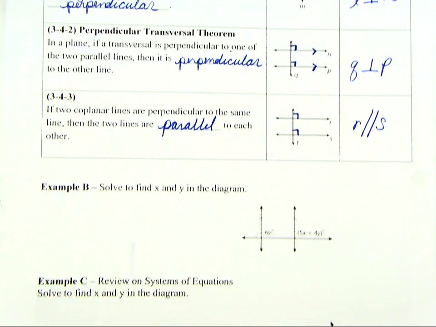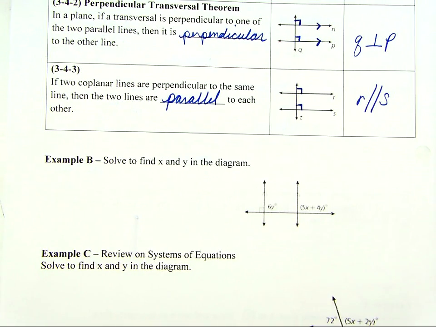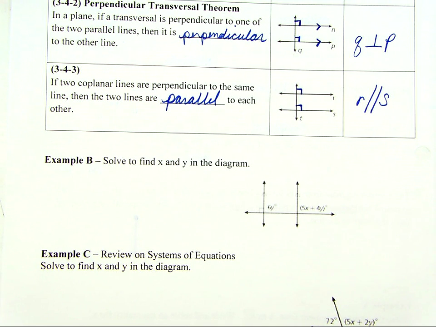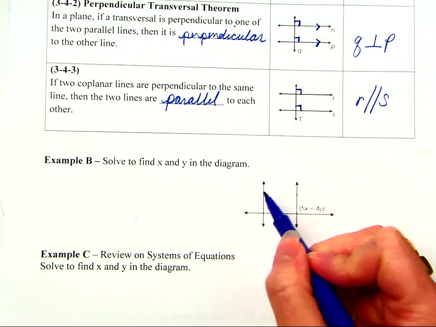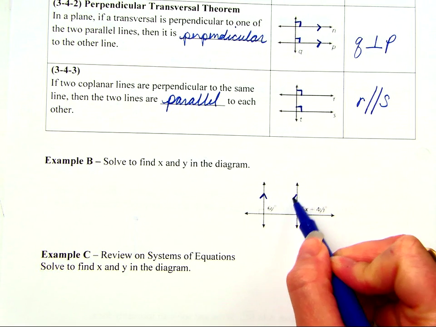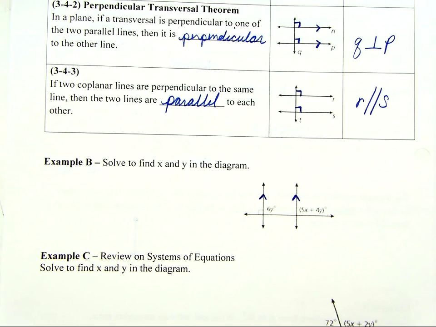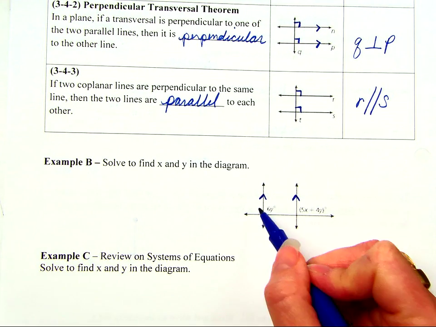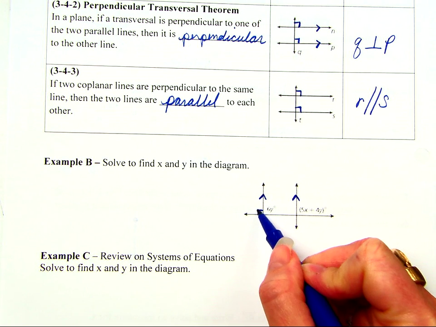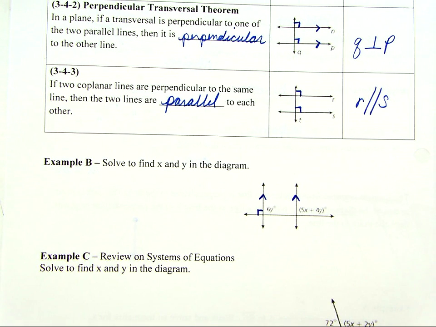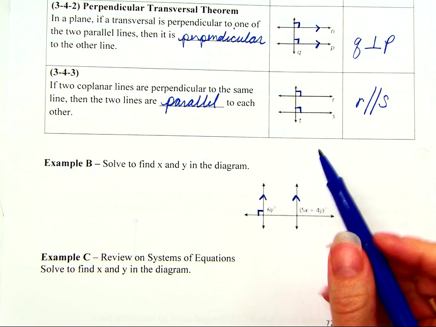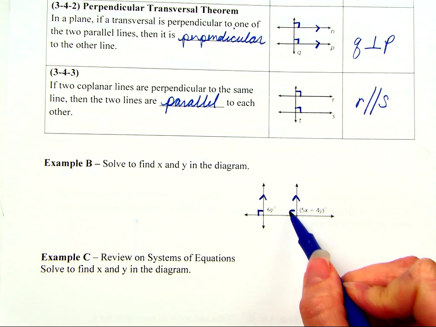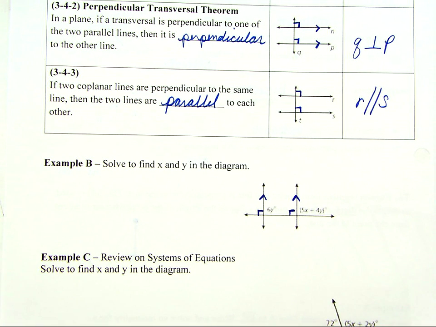Down below, we are going to do a little bit of solving. I'm looking to solve for x and for y in my diagram. I can see looking at my diagram that they do tell me I have some parallel lines. I also see I have this 90-degree angle. Now sometimes kids might say, okay, if these are parallel and this is 90, these would also have to be 90 degrees.